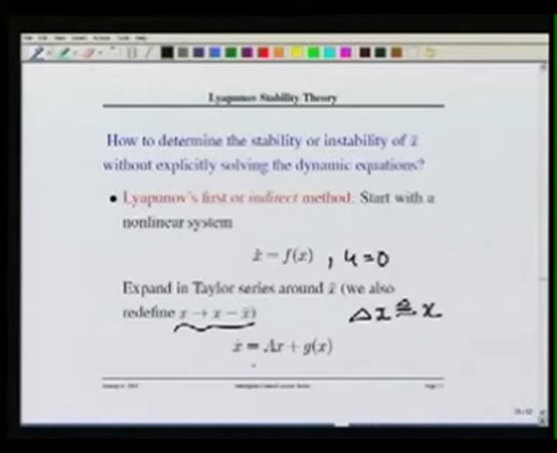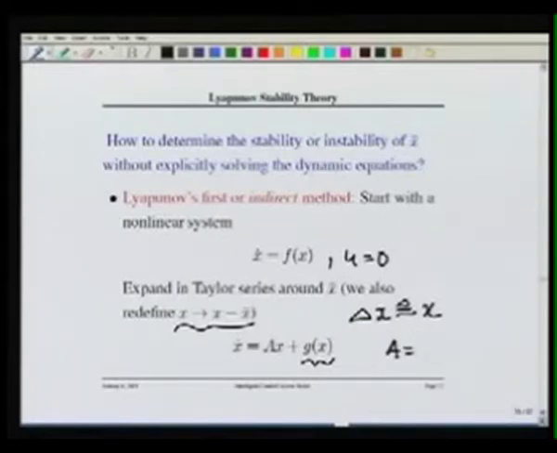So, now x dot equal to A x plus g x, where g x represents all higher order terms, that is second order, third order and so forth. And what is A? A has to be del f upon del x, and this is an n by n matrix.